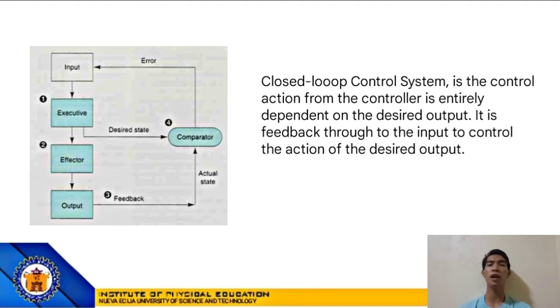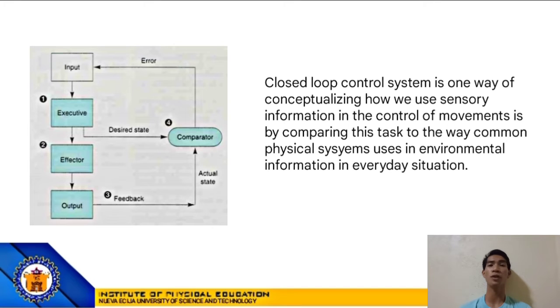Another thing about the closed-loop control system is it is one way of conceptualizing how we use sensory information in the control of movement. It is by comparing this task to the way a common physical system uses environment information in everyday situations. So that's all for the discussion about the closed-loop control system.